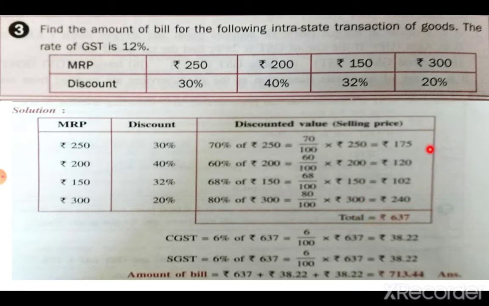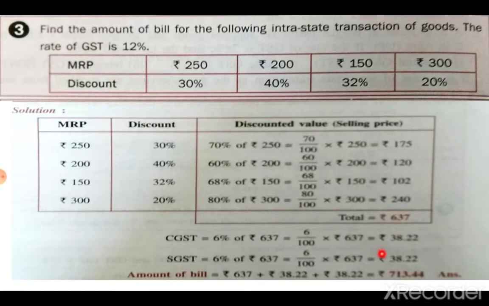Total will be 175 plus 120 plus 102 plus 240. That will come up to be rupees 637. Now we will calculate CGST. That will be 6% of total rupees 637. Total rupees means selling price. So 6% of 637 will be 38.22 rupees.